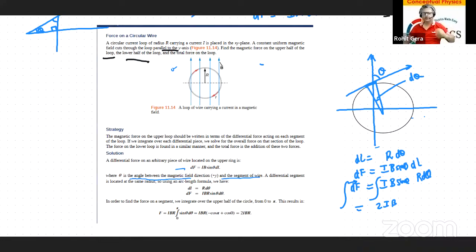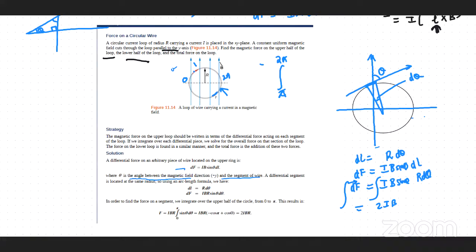And there will be a corresponding point here also. So I'm now looking at the lower part. The lower part will be integrated in an identical manner, but from pi to 2 pi. So this is 0 to 2 pi, but the lower part is pi to 2 pi.